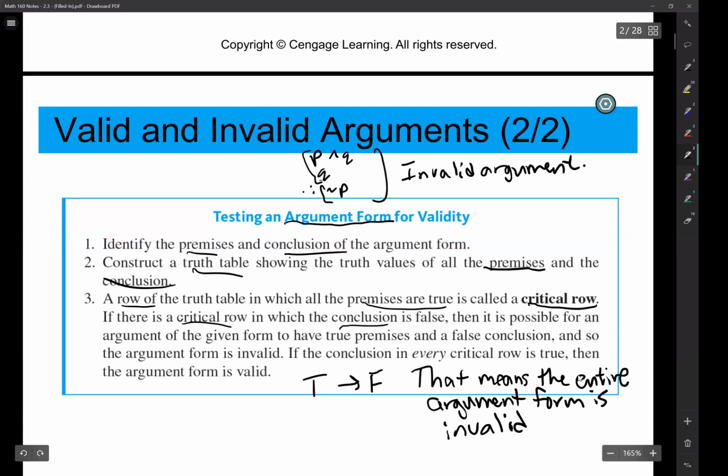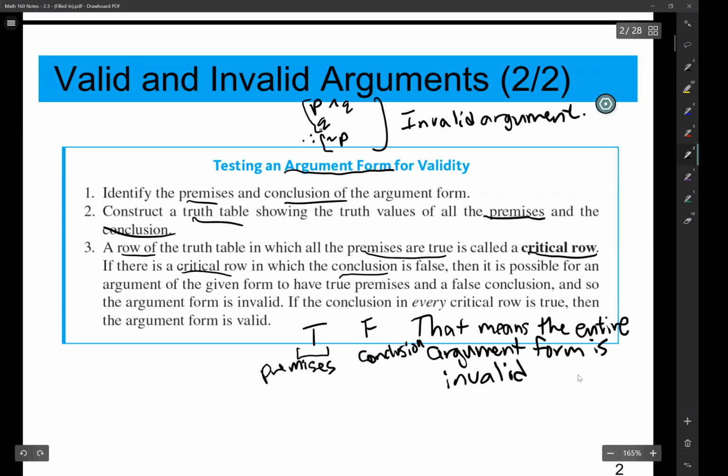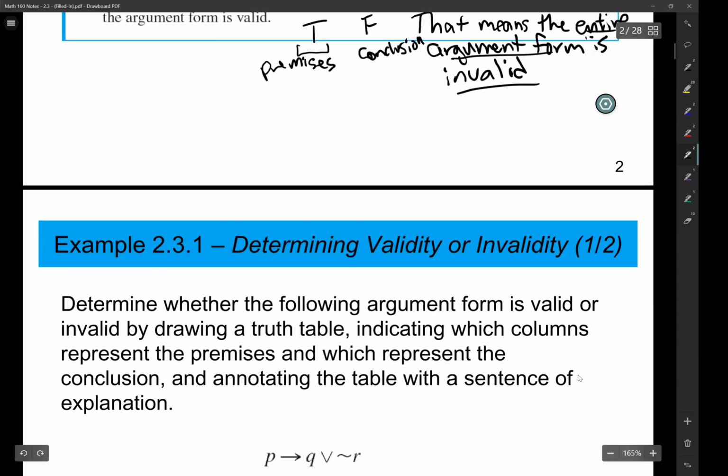I shouldn't say really leading to false, but I should say true premises leading to a false conclusion on the same row, then that's going to tell me that the whole argument is invalid. And as long as one row is invalid, that means that the whole argument is invalid. So let's take a look.